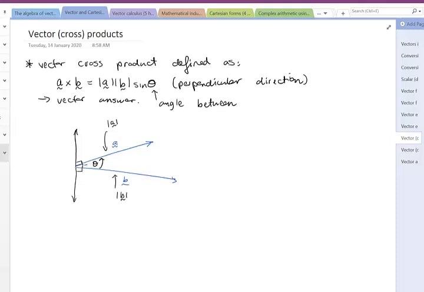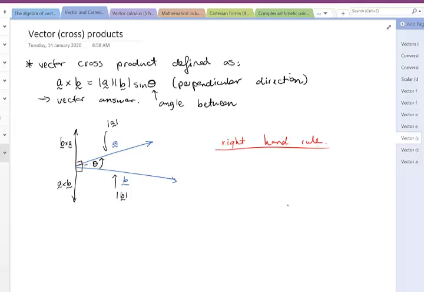And so again, if it's positive or negative, this one will be the cross product B cross A, and this one would be A cross B. There is a directionality factor that comes with the cross product. We generally call it the right-hand rule.